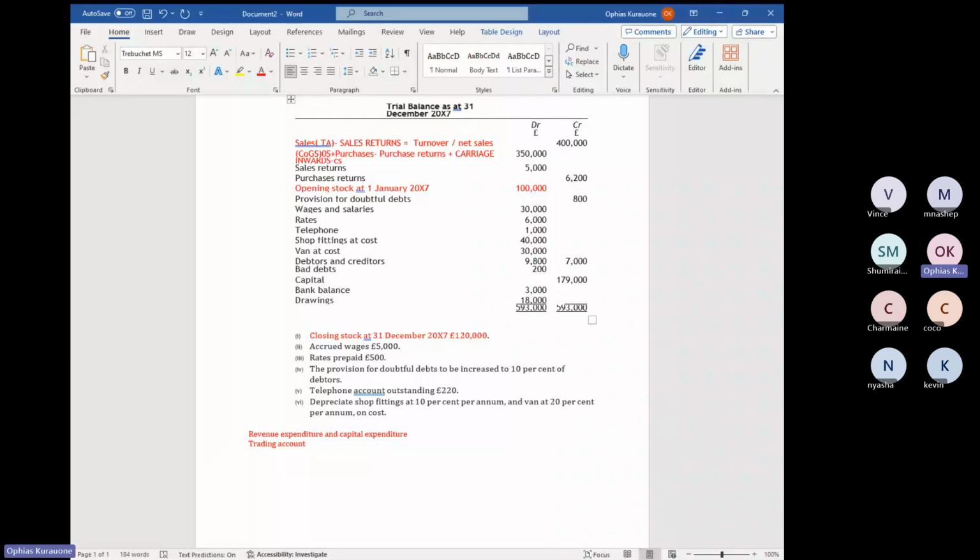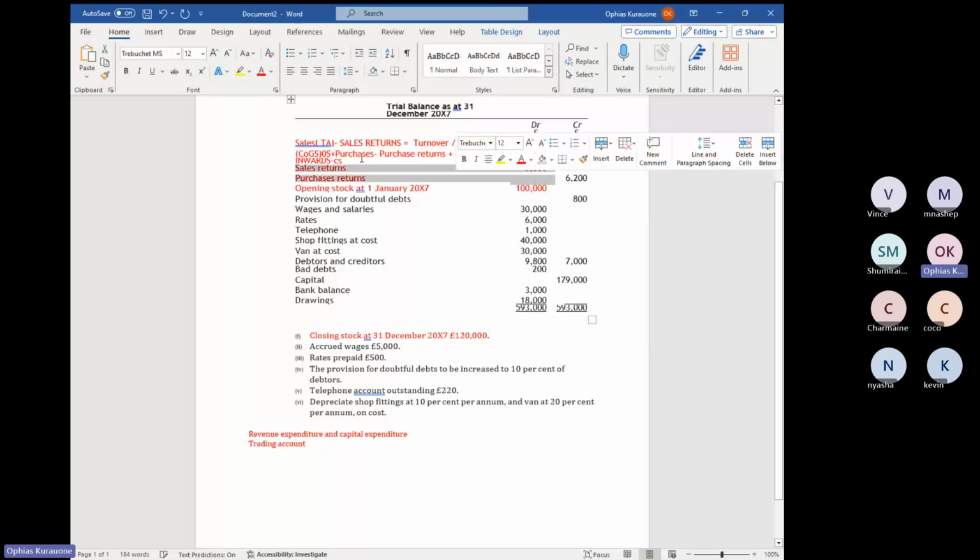So that forms a gross profit. So then your figure becomes a gross profit. So gross profit consists of only this part.